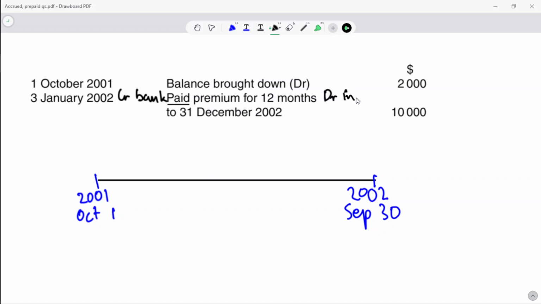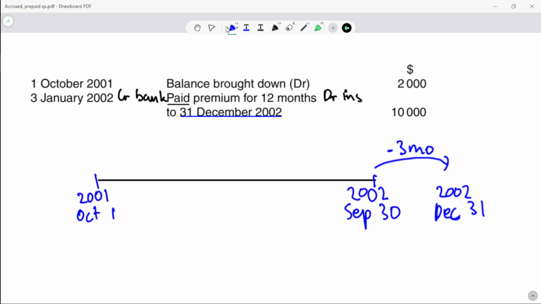then debit insurance. Then this day will be here. So this one will be outside. So your minus, the months will be 3 months.